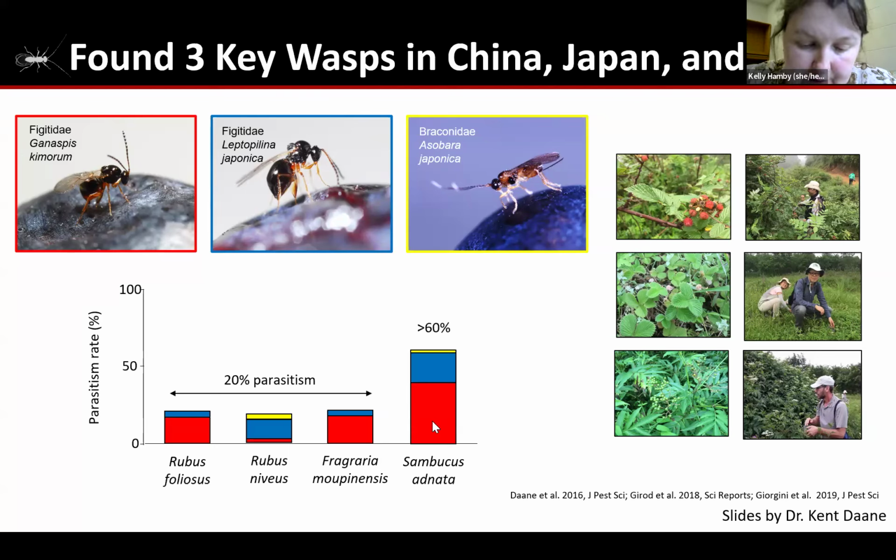The wasps are color-coded, so you can see the one that was most common in most of the fruits was Ganaspis kimorum, which is a figitid. In some fruits, we got up to 60% parasitism from the different wasp species.